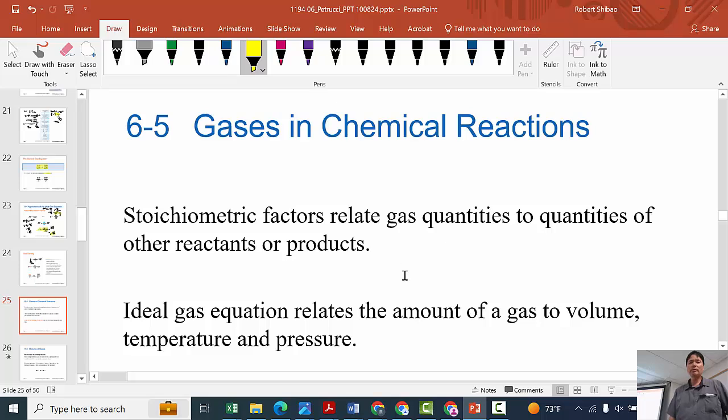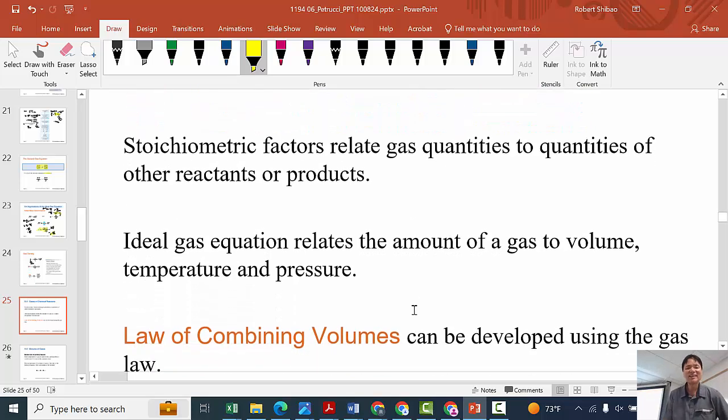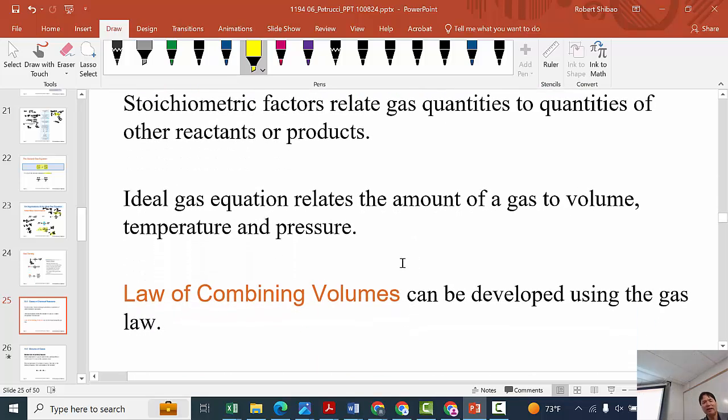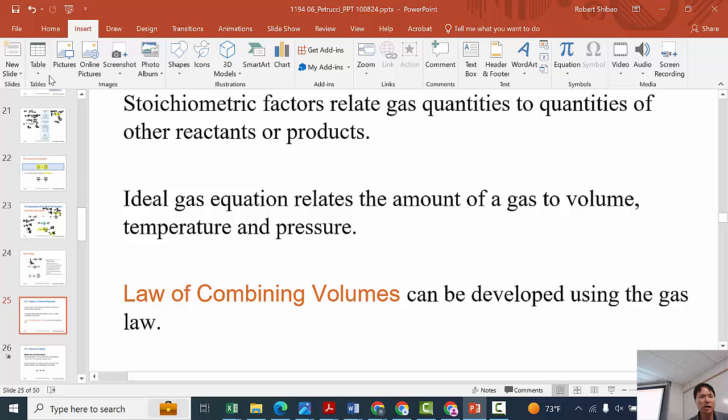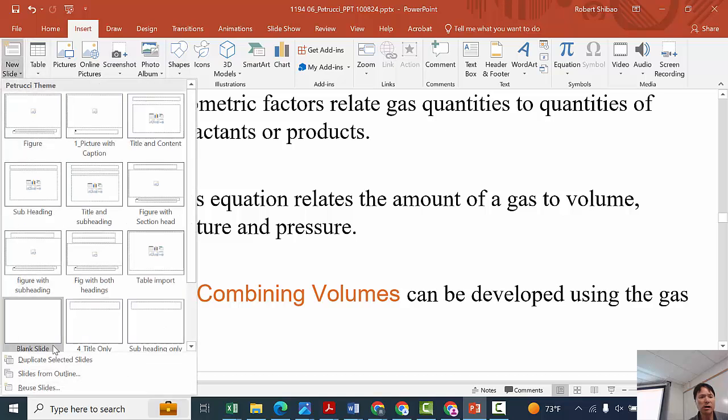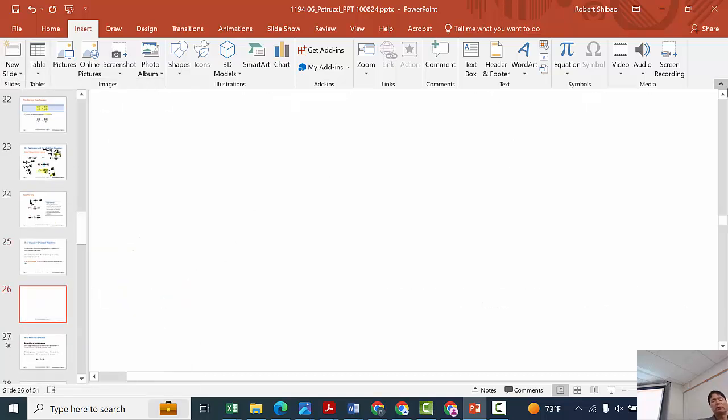So gases and chemical reactions, let's take a look at the law of combining volumes, which is Avogadro's and others. So I'm going to insert a slide here.